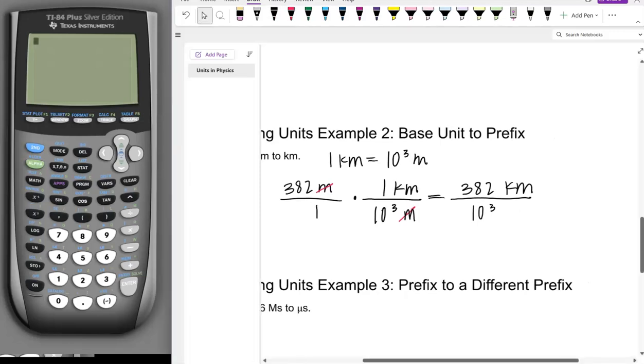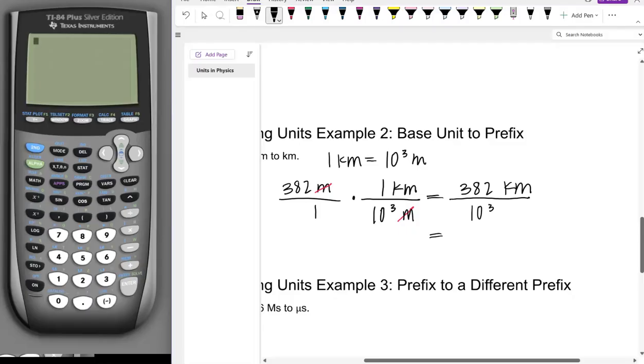If you're good at your math exponent properties, you remember that you can move a base with an exponent back up to the numerator by making it a negative exponent, the opposite exponent. If it's already in the denominator and you move it to the numerator, the exponent becomes negative. So we know now we can move this decimal place backwards to the left by 3, 1, 2, 3, giving us 0.382 kilometers.